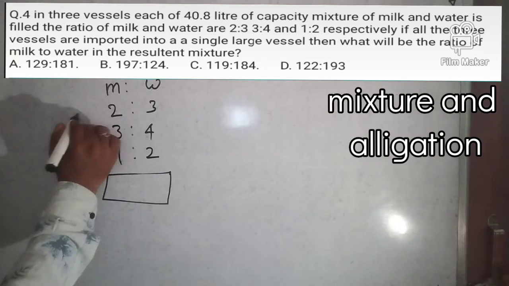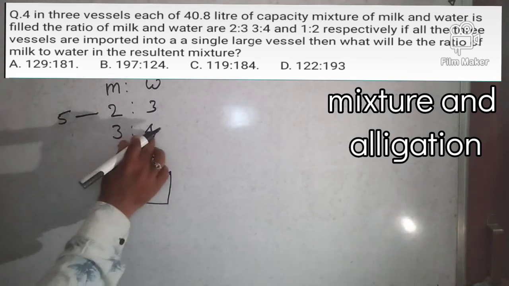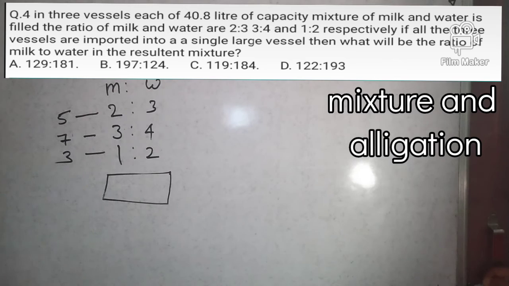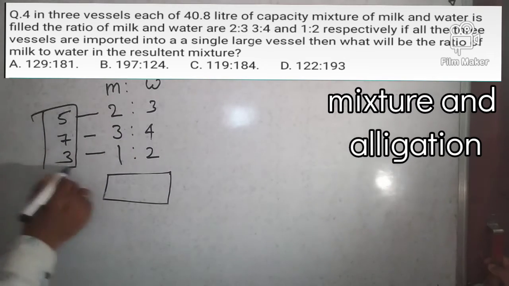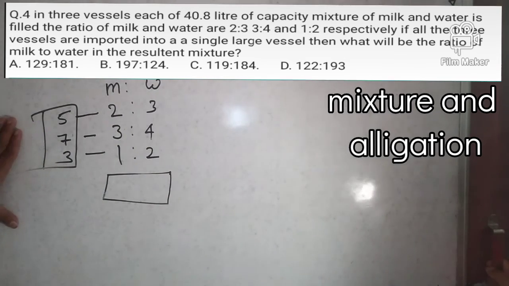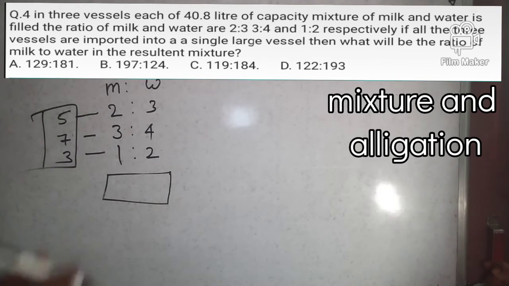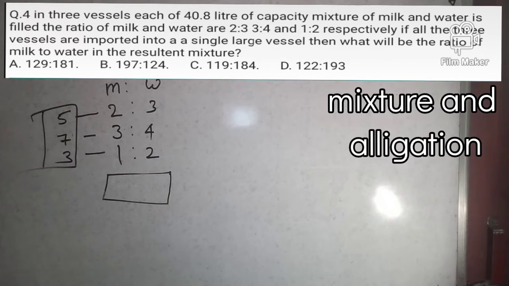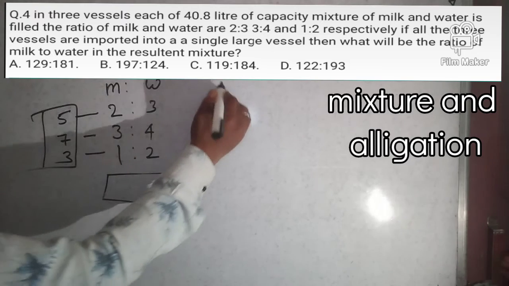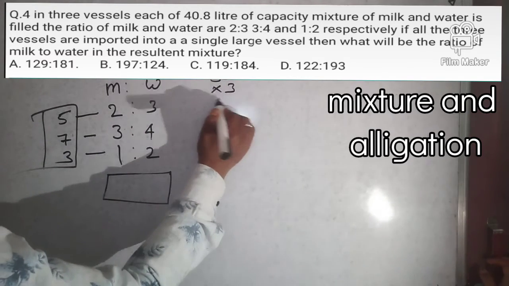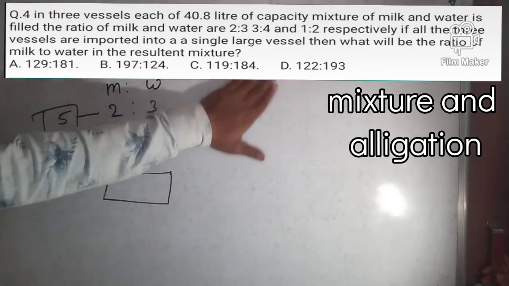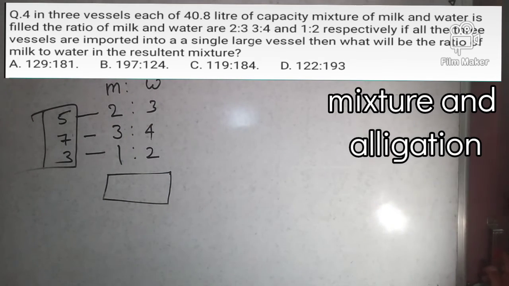So 2 plus 3 is 5, 3 plus 4 is 7, 1 plus 2 is 3. So take the LCM of these numbers because they are not the same. If they are the same, we can directly add, but this is not the same, so we take the LCM. 5 times 7 is 35, 35 times 3 is 105, right? So the LCM is 105.